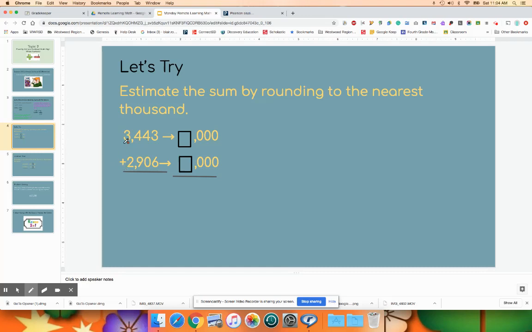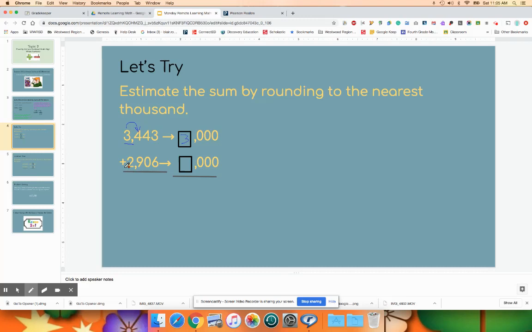All right, so I love my strategy. I underline the rounding place, the thousands place. I draw my arrow to the friend next door who's going to tell me what to do. That's a 4. The 4 is not going to bump up the 3, right? 5 to 9, bump it up. 0 to 4, leave it alone. So this would round to 3,000. Okay, same strategy here. Ones, tens, hundreds, thousands.